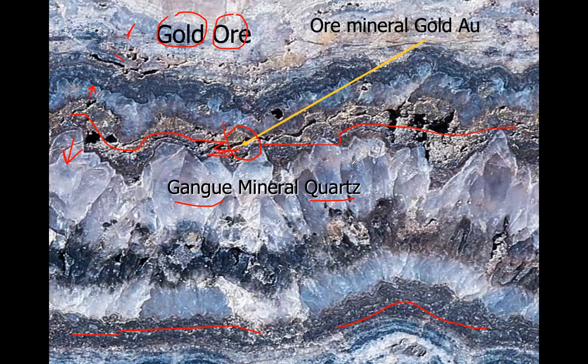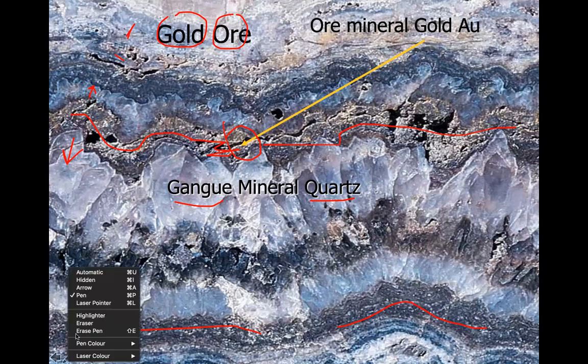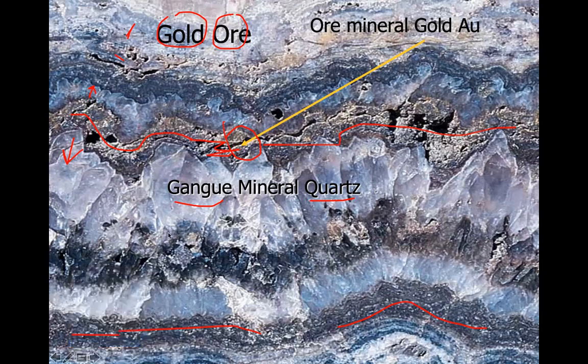Actually, you can see here these gold bearing layers are associated with two other rock layers, right? So here you have one rock layer and here another rock layer below that.